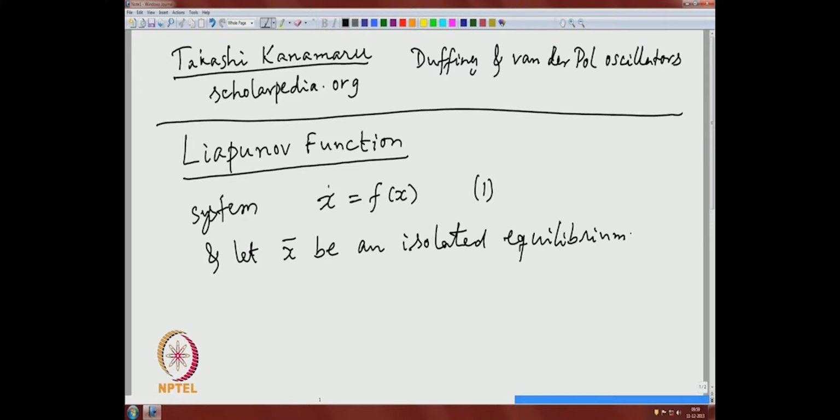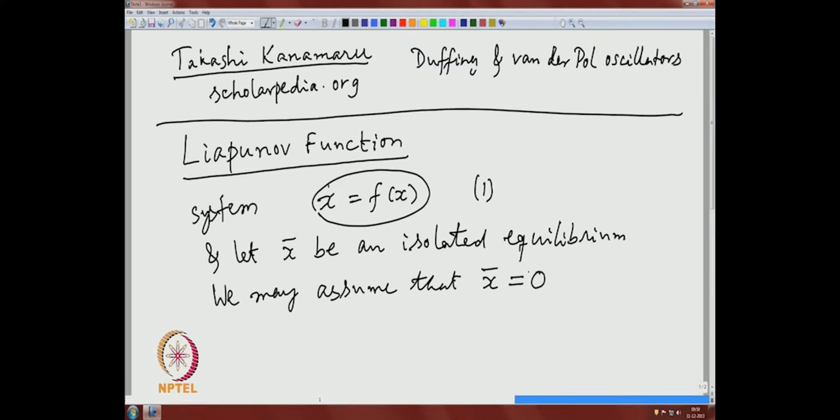So, again we will be studying the stability of orbits of this system around this equilibrium point. So, hereafter, just for some simplification in writing, we may assume that x bar equal to 0. This we can always achieve by translating this system into a neighborhood of x bar. Okay. So, you can just check that.